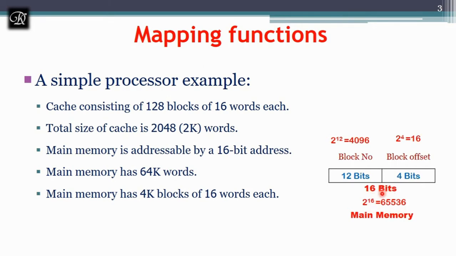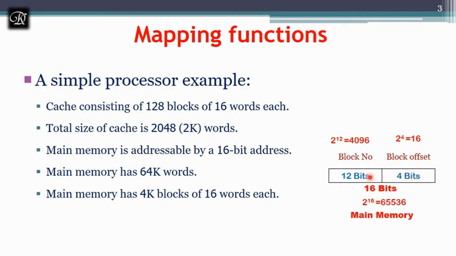I told there are 16 words inside each block. So how to get that 16? 2 to the power of 4 will give me 16. Out of 16 bits, I have taken 4 bits to recognize the word inside the block, the block offset.